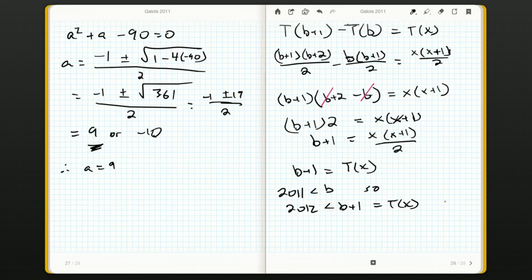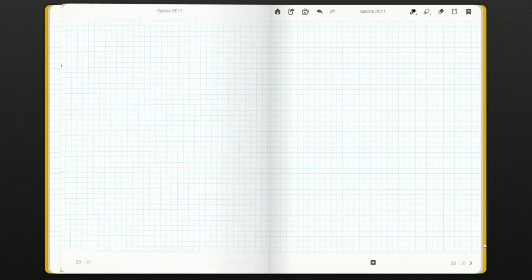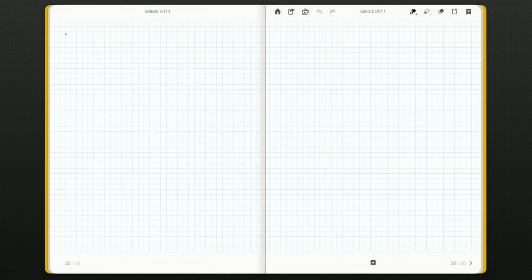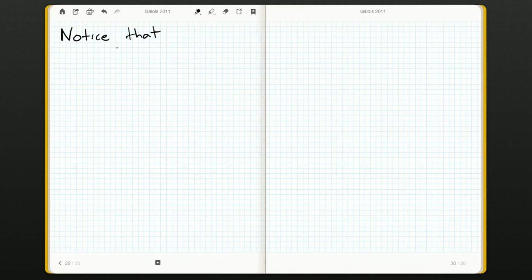But tx is a quadratic equation. We can expand it out and it looks like this.